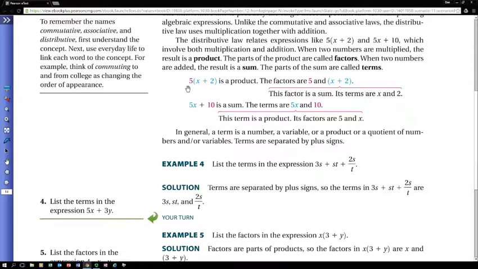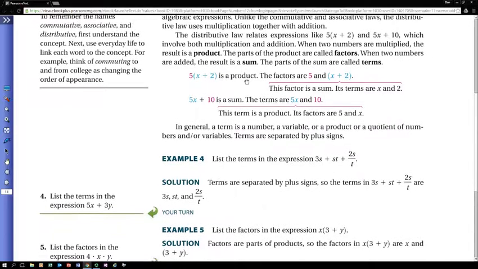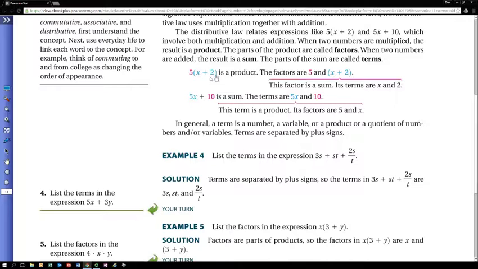So when I have 5 times the quantity x plus 2, this is a product basically. If I put some things in here, I'm going to end up multiplying. I'm going to end up with the answer to a multiplication, even though there's some addition in here. But they'll talk about the product of those things. Well, the factors of this product, or the parts that are being multiplied together to get the answer to this multiplication, are 5 and x plus 2.